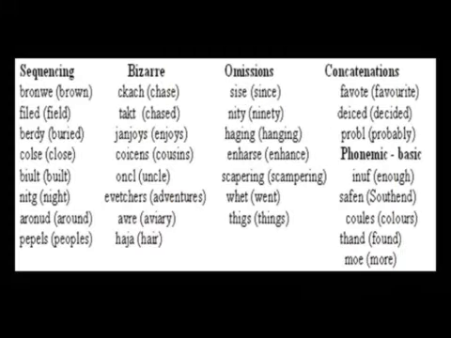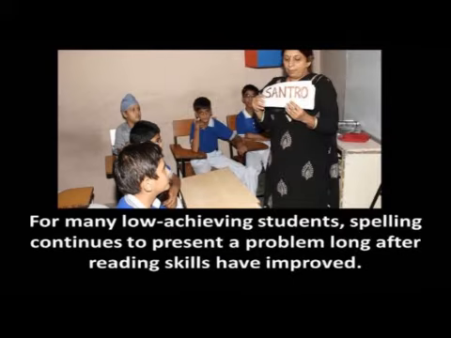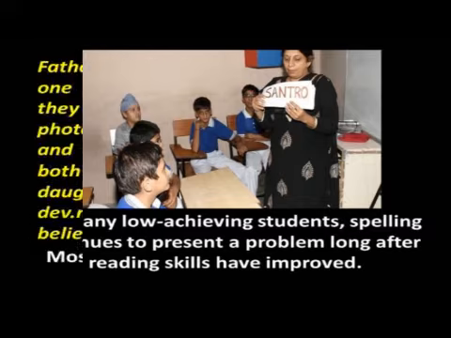For most problem spellers, recalling the correct sequence of letters is the major obstacle. The spelling of dyslexic students, for example, is often referred to as bizarre, in that the letters they write may not correspond in any way with the sounds within the word, or with the usual appearance of the word in print. For many low-achieving students, spelling continues to present a problem long after reading skills have improved.